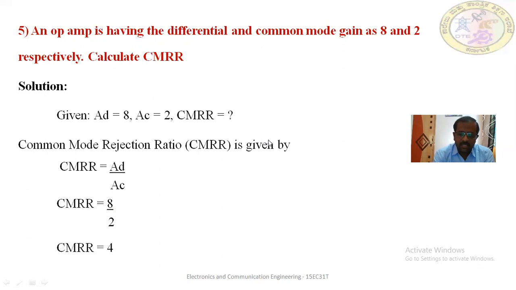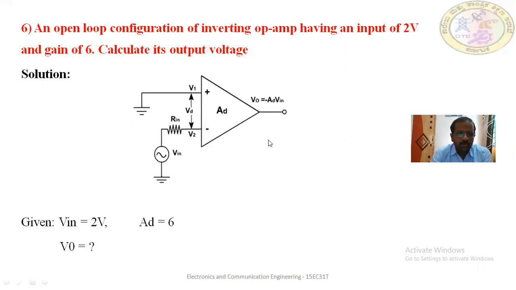After that, take one more problem: an open loop configuration of the inverting op amp has an input of 2 volts and a gain of 6, and we are asked to calculate its output voltage.